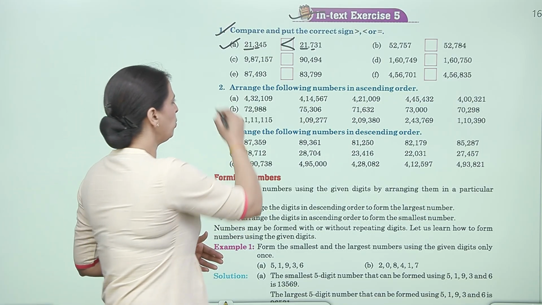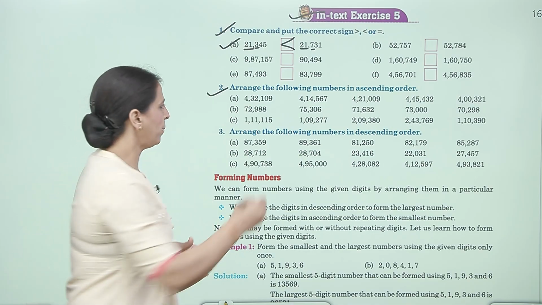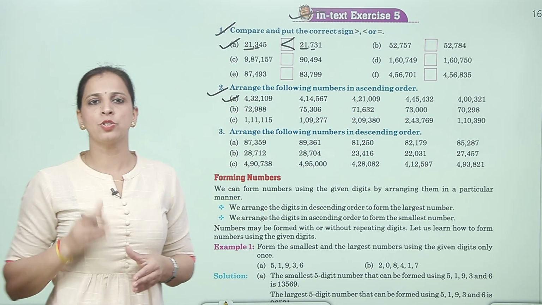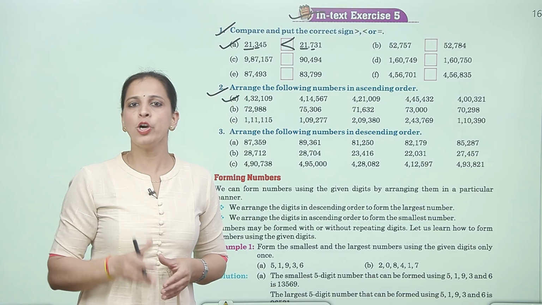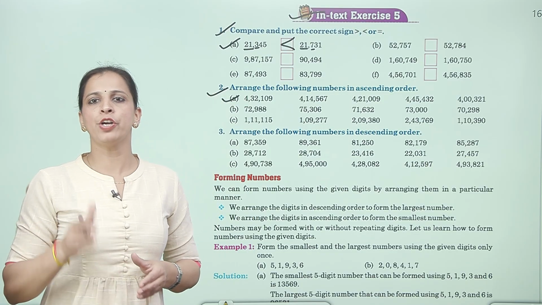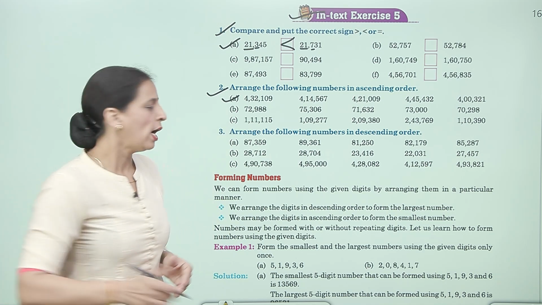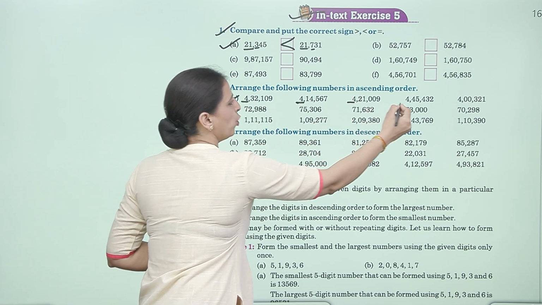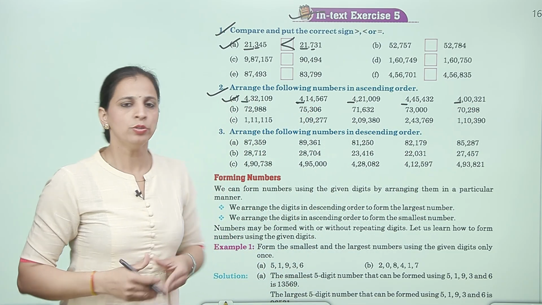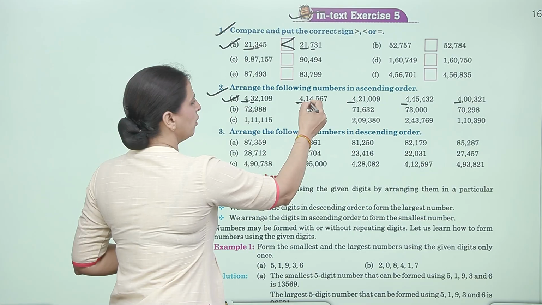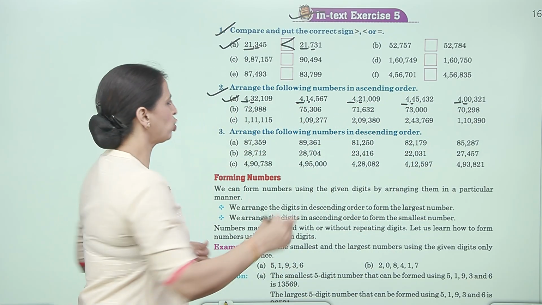Now next, question number 2. Arrange the following numbers in ascending order. Now A part: 4,32,109, 4,14,567, 4,21,009, 4,45,432, 4,321. Now at lakhs place all have 4. Now compare the next number. Now at 10,000 place 3, 1, 2, 4 and 0. 0 is the smallest.